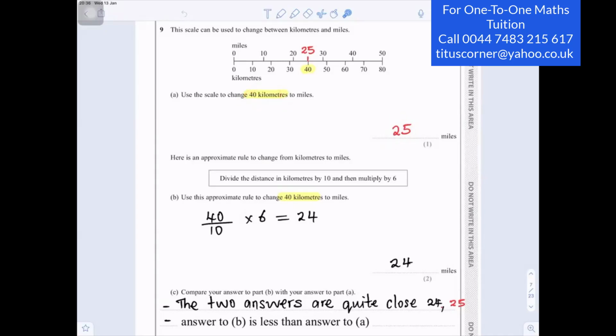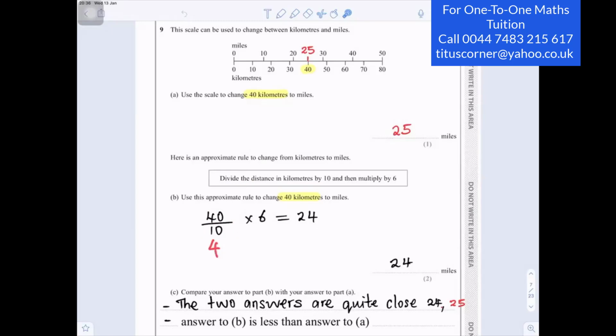Here is an approximate rule to change from kilometers to miles. Divide the distance in kilometers by 10 and then multiply by 6. So use this approximation to change 40 kilometers to miles. So you divide the distance by 10, so 40 divided by 10, and then multiply by 6.